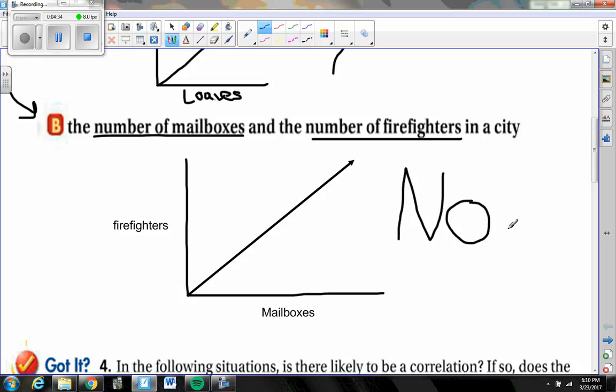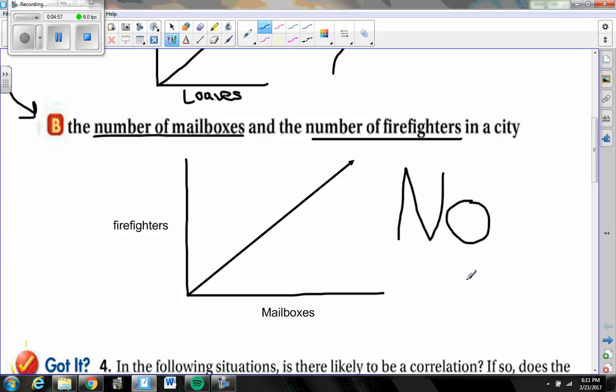Mailboxes don't have anything to do with causing firefighters. Physically putting up another mailbox is not going to create a new firefighter. However, there is a correlation between the two, because more mailboxes probably means more firefighters, but it's not a causation relationship. So hopefully the difference there is starting to make a little bit of sense.